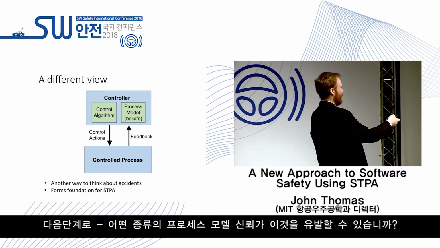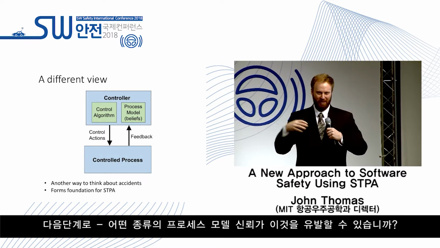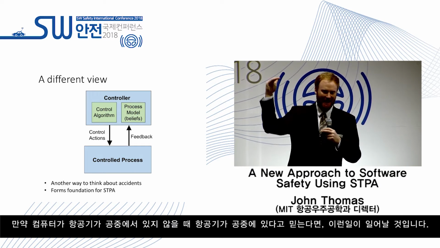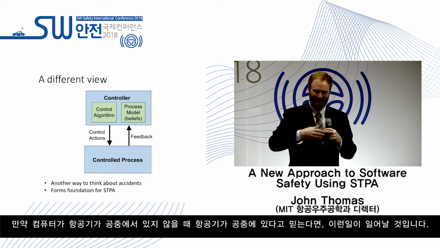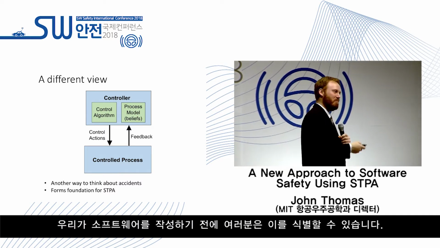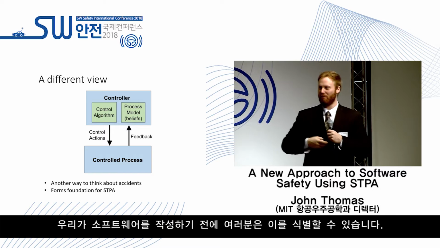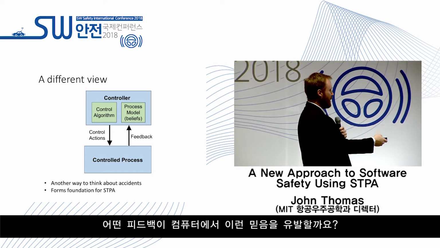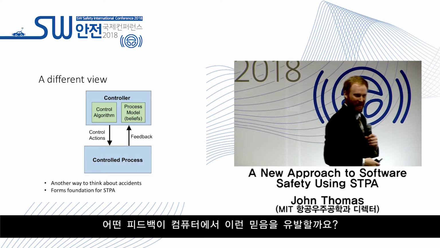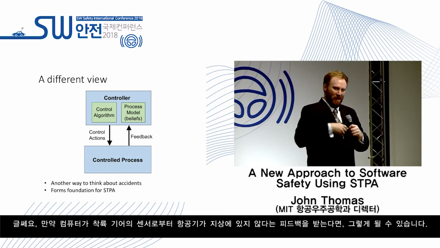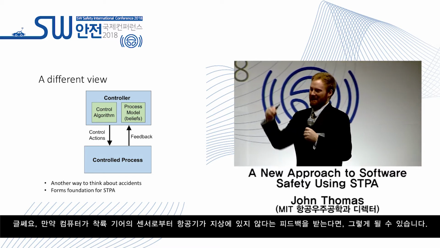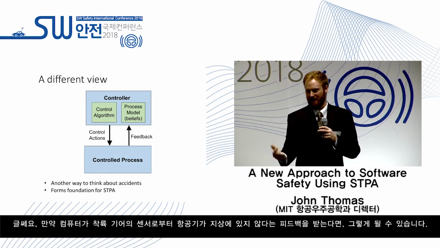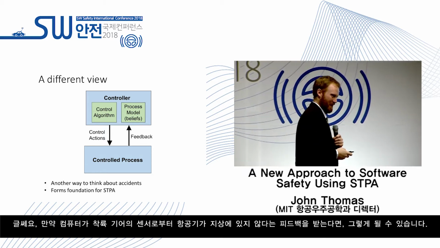Next step, what kind of process model, belief, might cause this? If it believes the aircraft is in the air when it's not, this will happen. You can identify that before you've written any software, before you know what the requirements are. What kind of feedback will cause that belief in the computer? Well, if it receives feedback from the sensors on the landing gear that the aircraft is not on the ground. That's how this can happen.